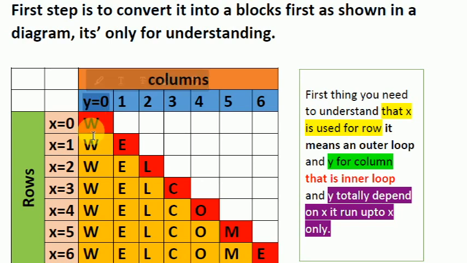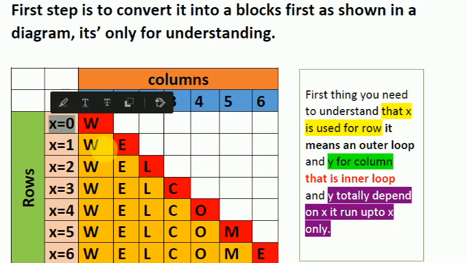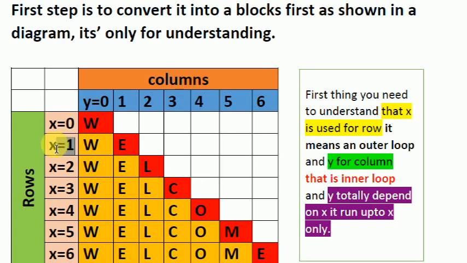Second thing, I put something in the red boxes. Now you need to find out one thing: if the row number is 0, the column is 0, meaning one column. If the row is 1, the columns are 2, that means 0 and 1. This is the 0 block, this is the 1 block.